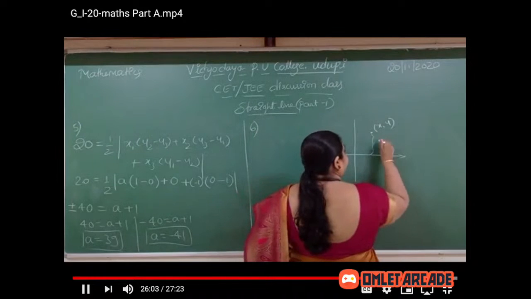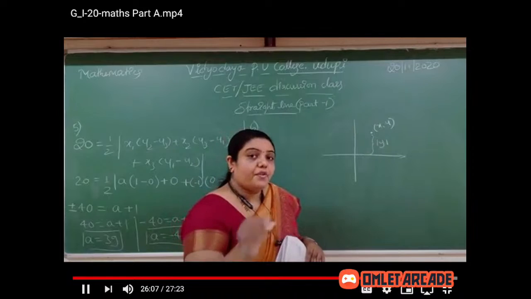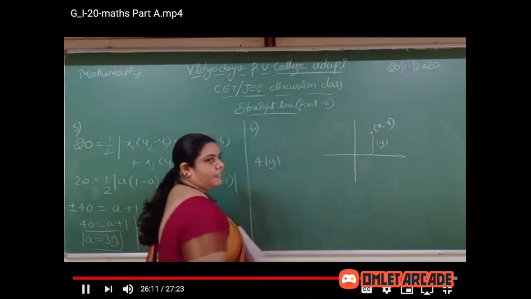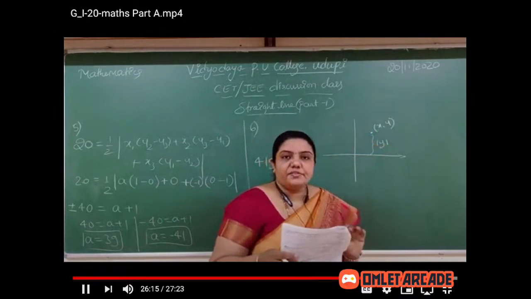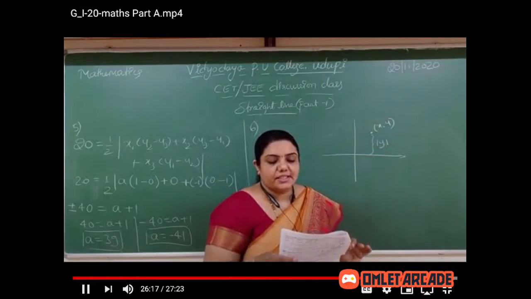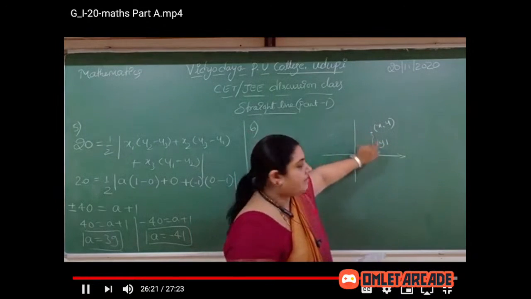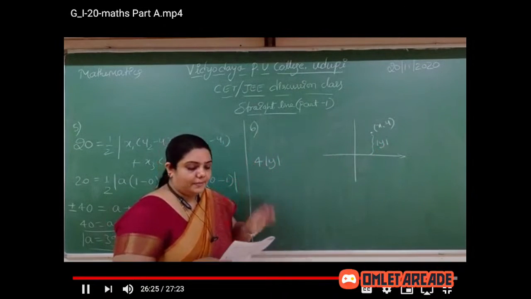So can I take modulus y instead of y? And 4 times is given. So let me write 4 of mod y. You have to find the locus of a point which moves such that 4 times its distance from the x-axis, so I have taken 4 into modulus of y.